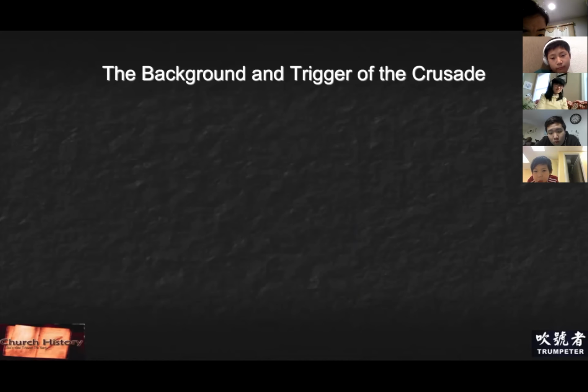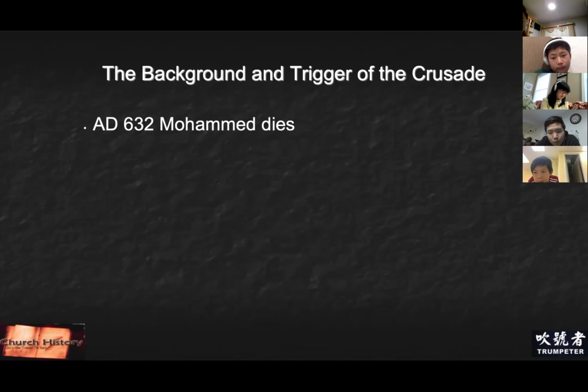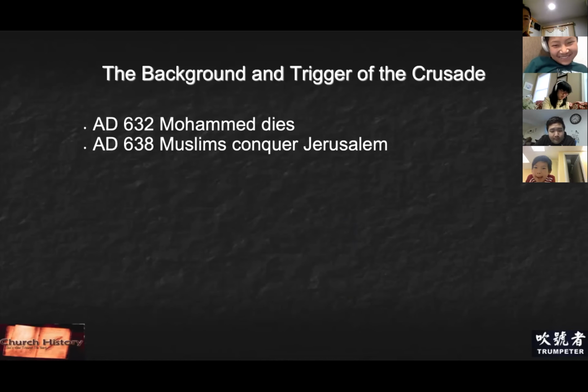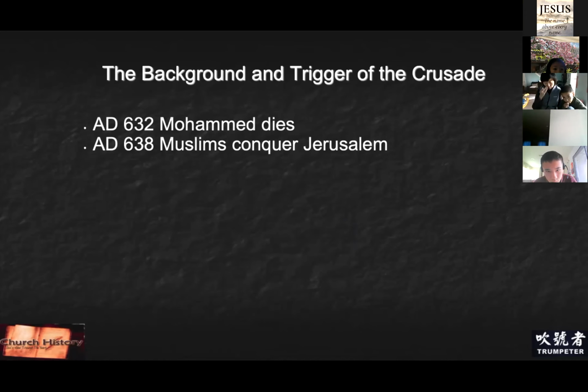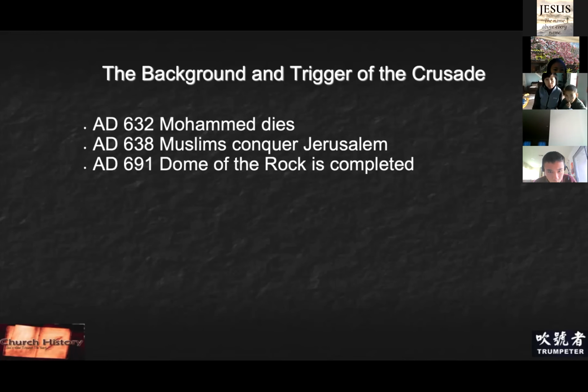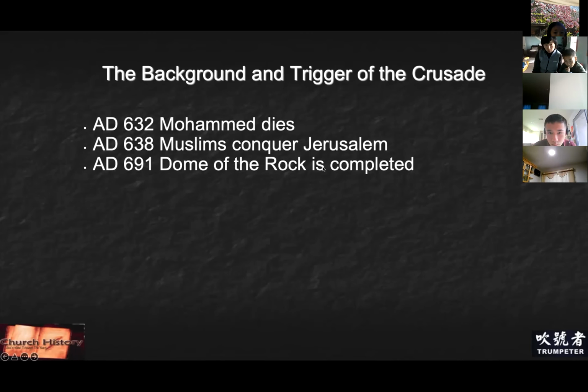So, the background and the trigger of the Crusade. There's something we need to know. Muhammad died in 632, and in 638, Muslims conquered Jerusalem. Remember, for Christians back then it was also very important to go to Jerusalem to visit. At the beginning it was still okay to go to Jerusalem, but unfortunately, in 691 the Dome of the Rock was completed in Jerusalem, where the temple originally was.